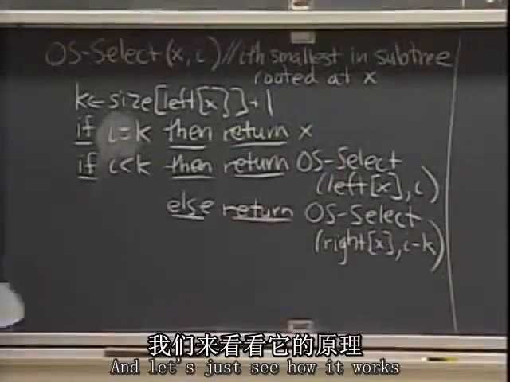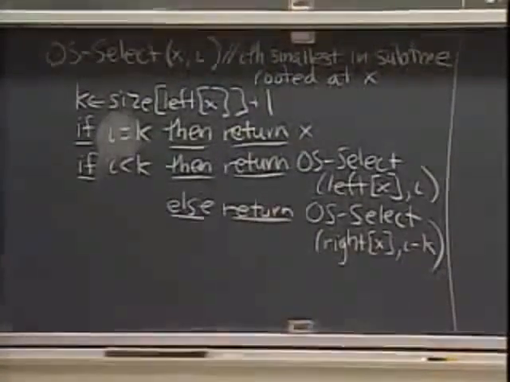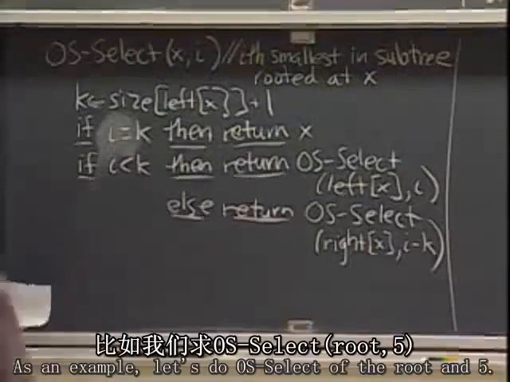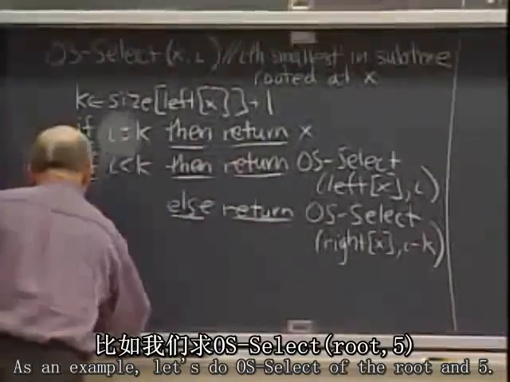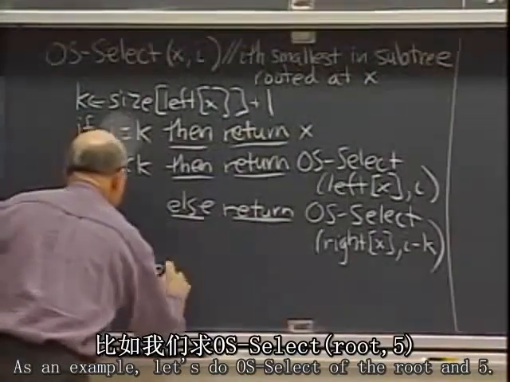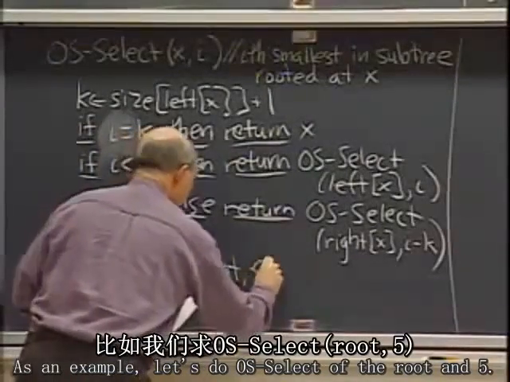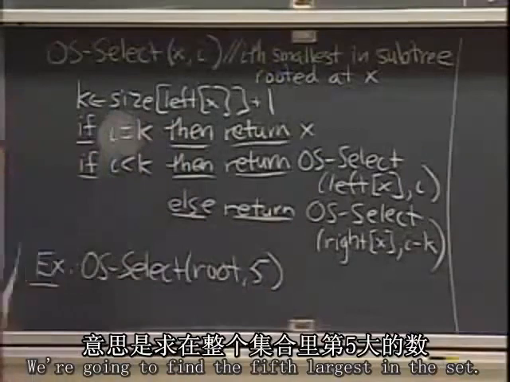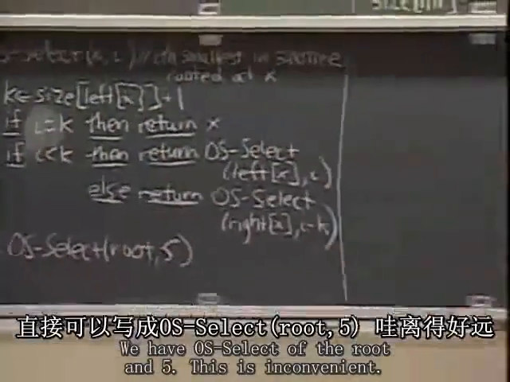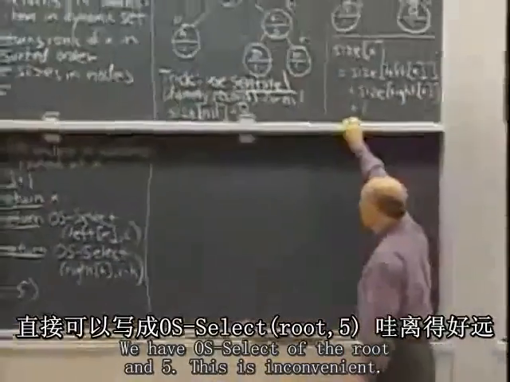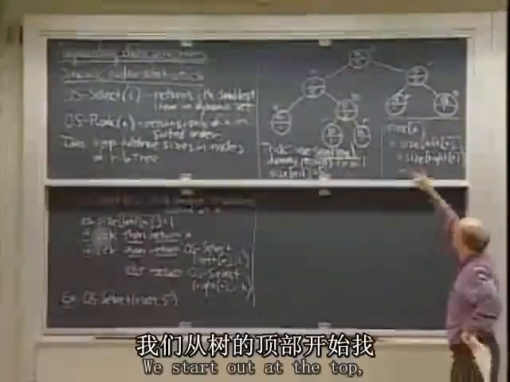And let's just see how it works, and then we'll argue why it works. As an example, let's do OS select of the root and 5. So we want to find the fifth largest in the set. Okay, so we start out at the top.